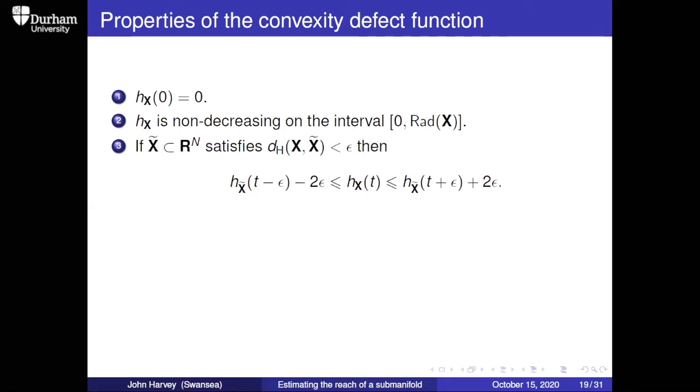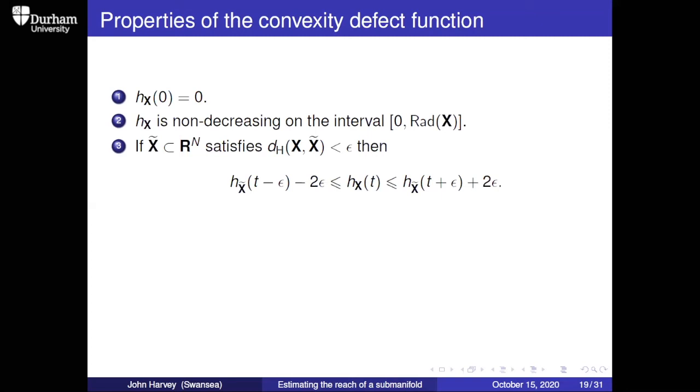Very important is that we have a kind of stability property. If you have another set, x tilde, it doesn't have to be a manifold, just any set x tilde, this convexity defect function can be defined for any compact set. If x tilde lies near x, then it will have a similar convexity defect function.